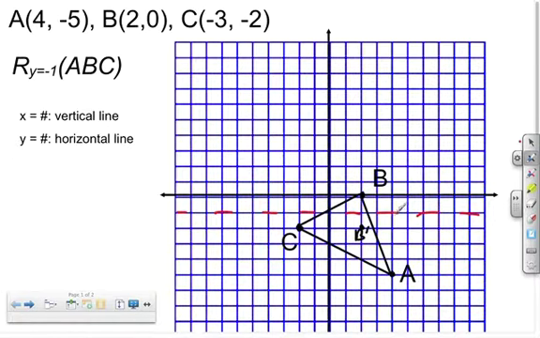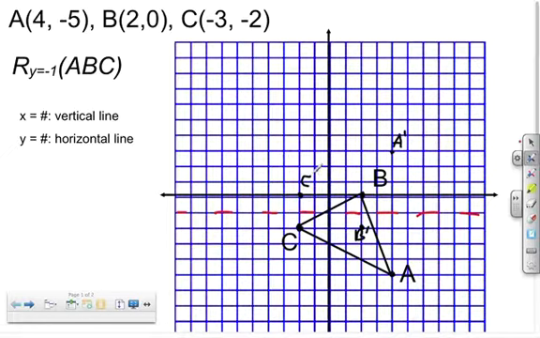A is 1, 2, 3, 4 spaces below the red line, so its image will be 1, 2, 3, 4 spaces above the red line. There is A prime. C is 1 space below the red line, so its reflected image will be 1 space above the red line.